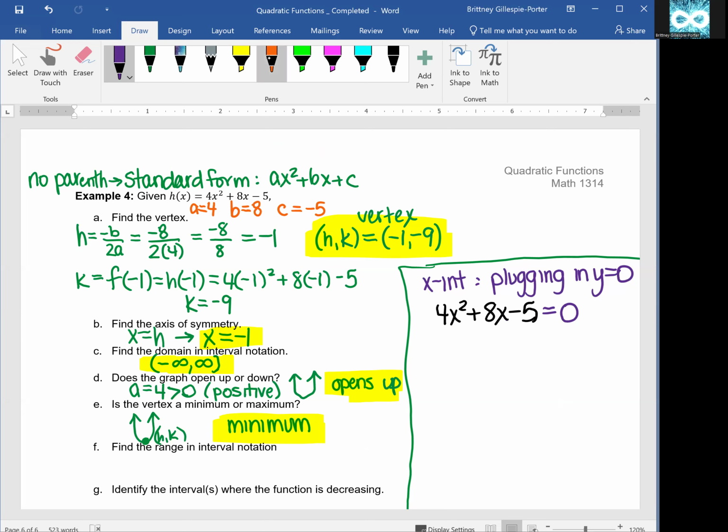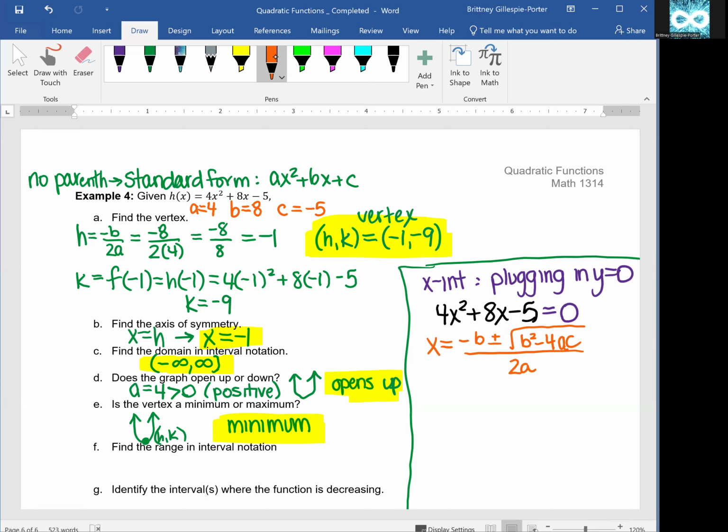Remember our quadratic formula if you don't have it memorized. So x is equal to negative b plus or minus the square root of b squared minus 4ac all over 2a.